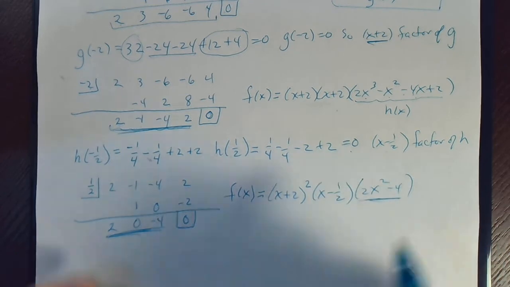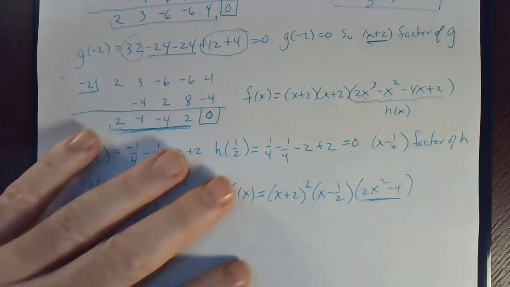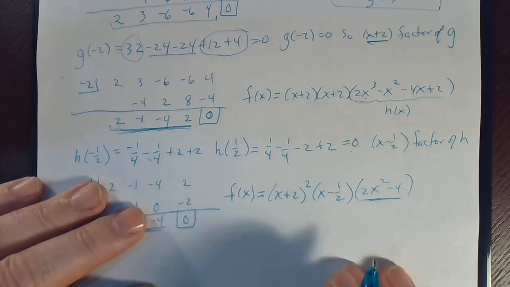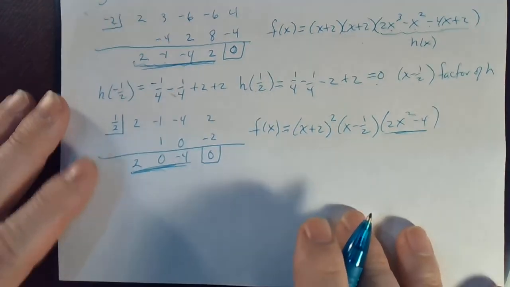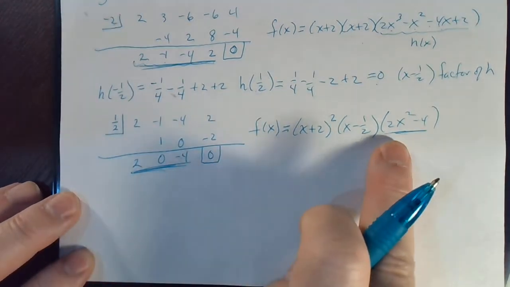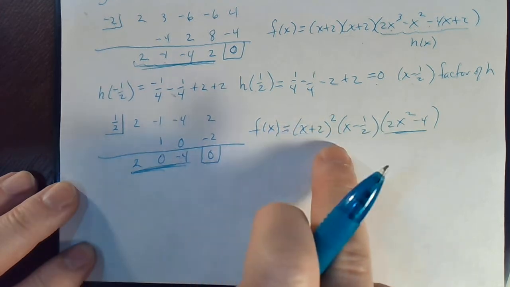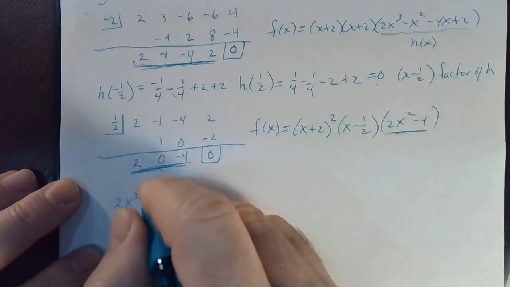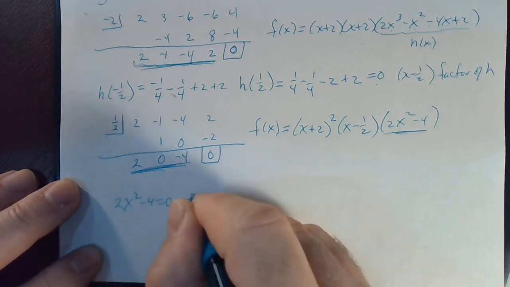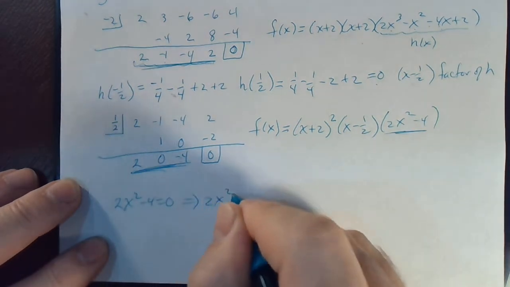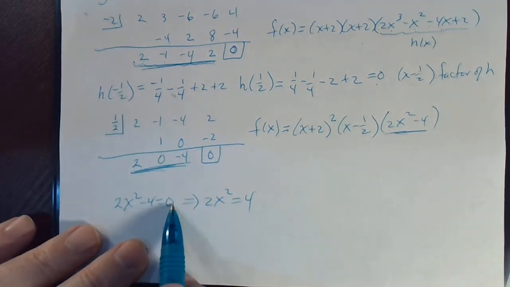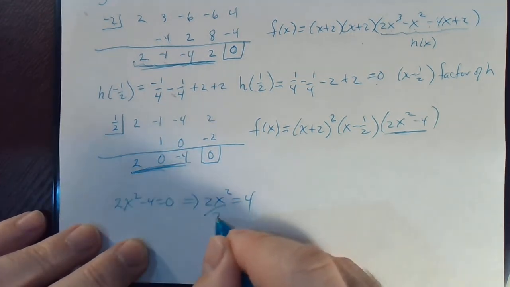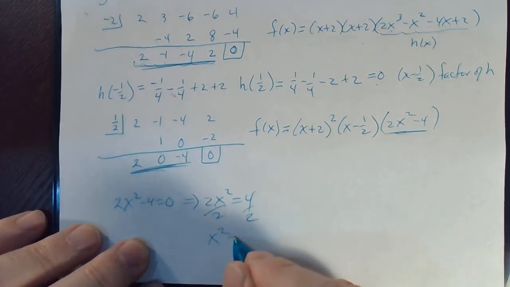Well, this is pretty easy to factor. We don't need to do anything like we did above. Maybe I'll use the square root property. I'm going to find out how to factor 2x squared minus 4. We want x plus or minus a number. 2x squared minus 4 equals 0 means that 2x squared equals 4. I added 4 to both sides. Let's divide both sides by 2. That gives us x squared equals 2.